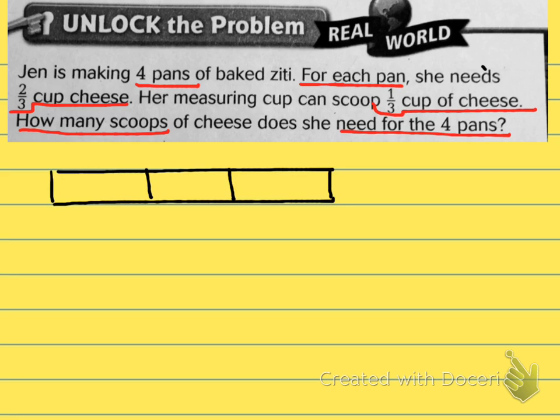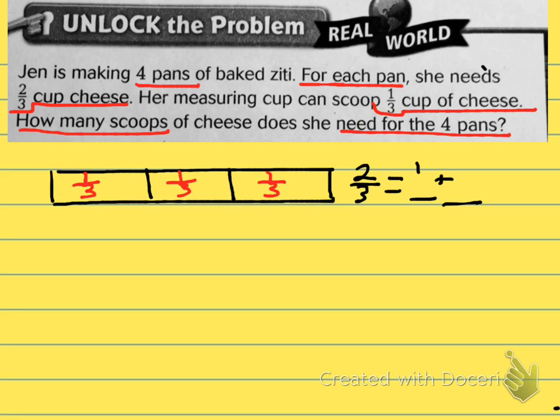All right, my model. At first I'm going to think 2/3 is 2 1/3 size pieces. So I've taken my model and I've created a model to show 1/3, 1/3, and 1/3. And I'm going to think 2/3 is 2 of these 1/3 size pieces. So I'm going to write 2/3 equals what plus what?